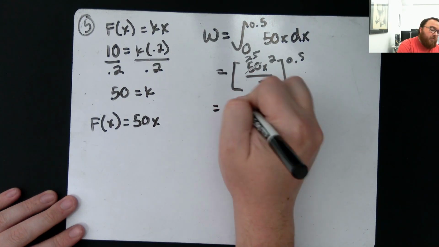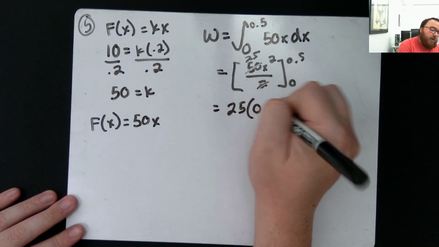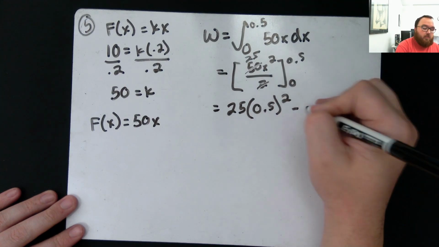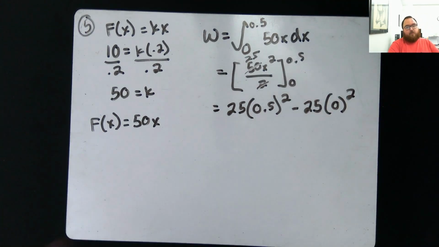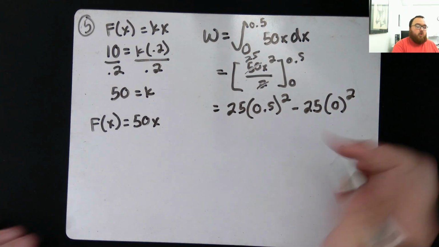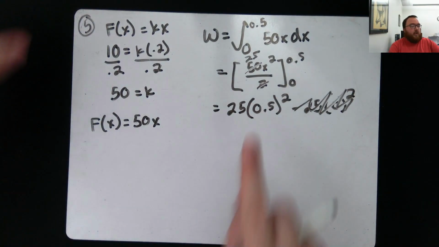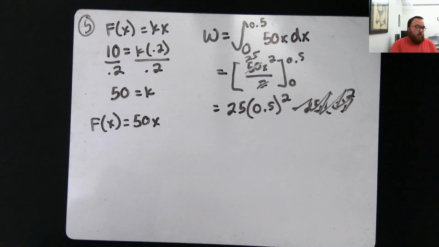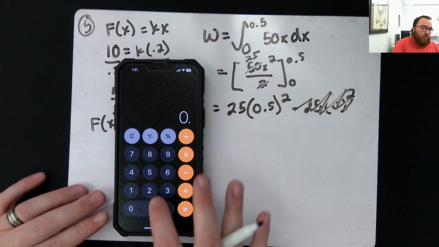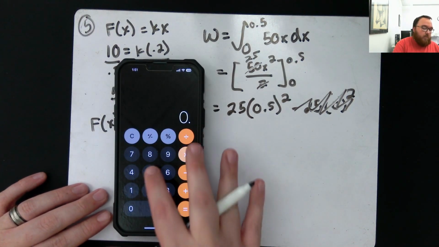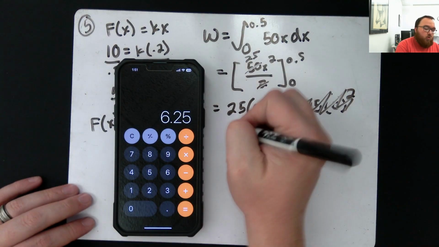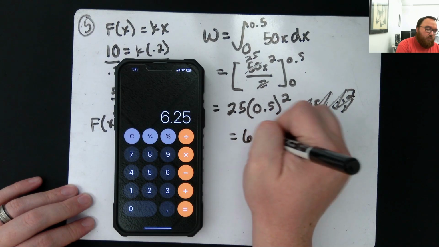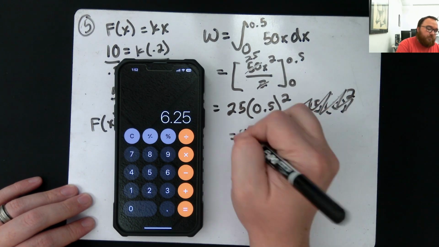Plug in our top bound, 25 times 0.5 squared. Minus plug in the bottom bound, but since it is 0, doesn't really help us. So I don't really even need this. So I just got to do 0.5 squared. So you would do 0.5 times 0.5 and then multiply that by 25. So the total amount of work is 6.25 joules.